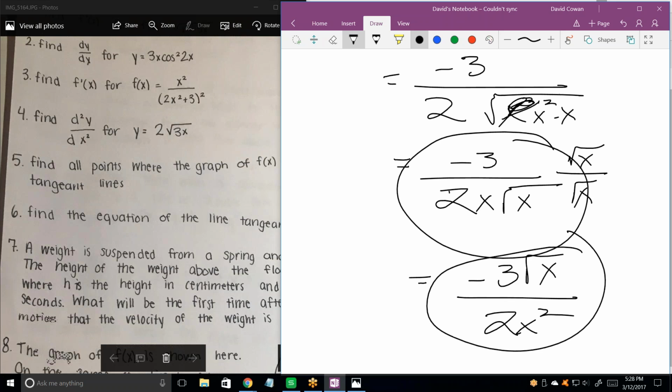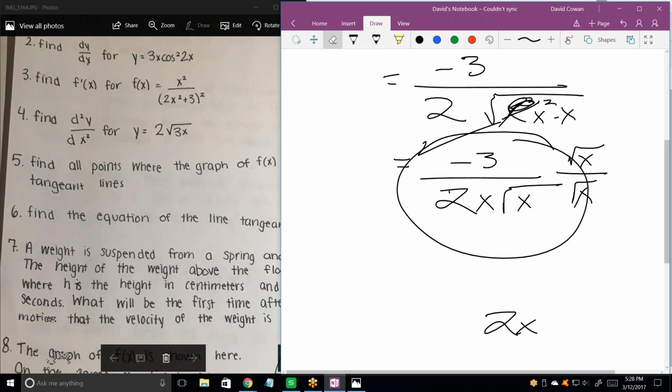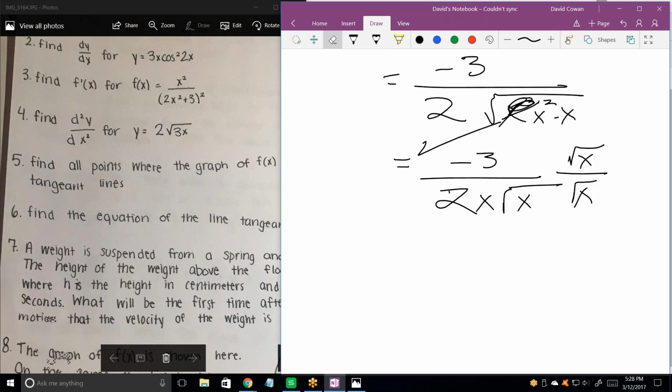I don't know if that's any better an answer, but probably rationalizes the denominator. I'm guessing that they don't care about that, which means that would be your final answer. This is the same thing. I notice that frequently they don't bother to rationalize it if it's a variable.